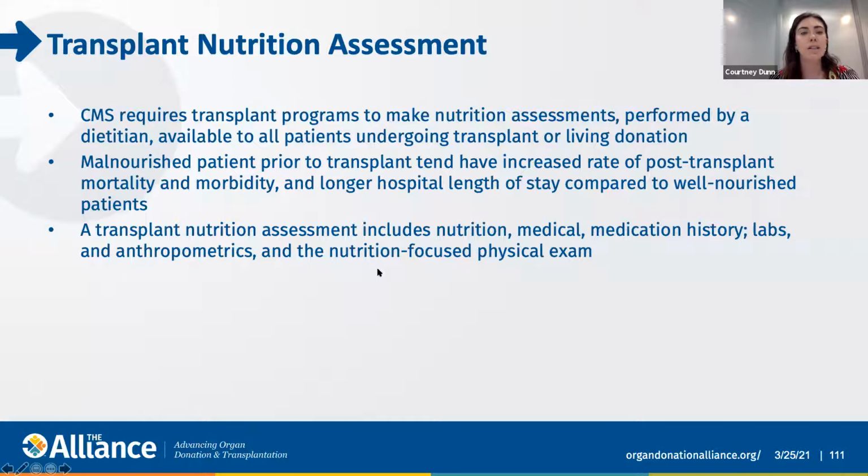And the nutrition assessment includes a thorough nutrition, medical, and medication history, as well as a review of laboratory data, anthropometrics, and the nutrition-focused physical exam. And some centers are also incorporating a frailty assessment at this point. So here at UCSD, we complete the frailty assessment for patients undergoing lung, liver, kidney, and heart transplant. We use the Fried frailty phenotype, and the hand grip measure is a part of that frailty exam.